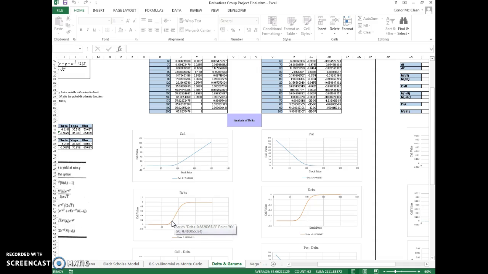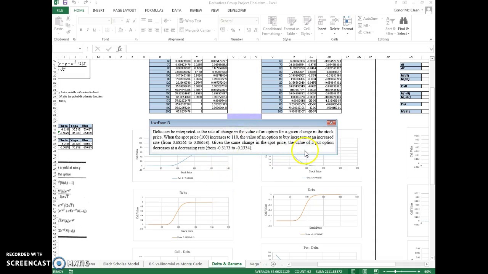It's seen that the rate of change increases at an increasing rate and then reaches a certain point where it begins to increase at a decreasing rate, eventually leveling off.